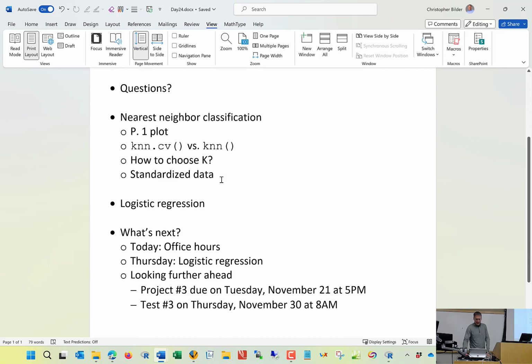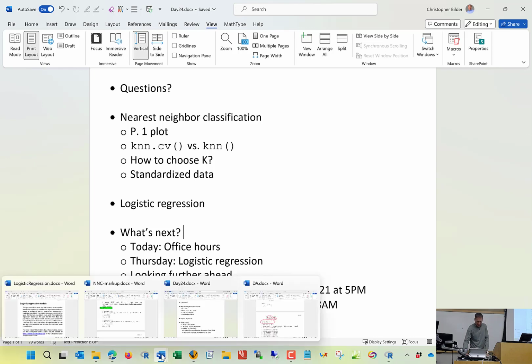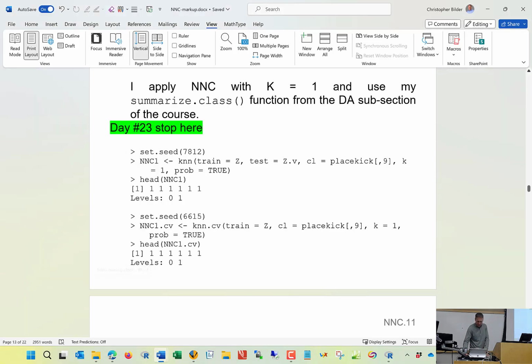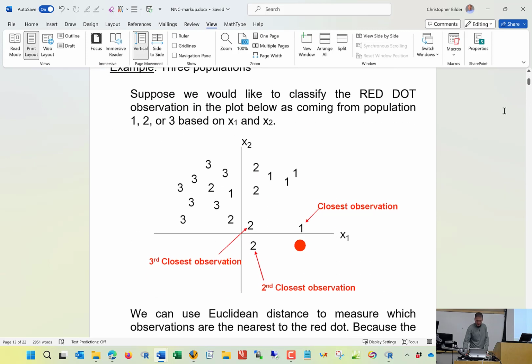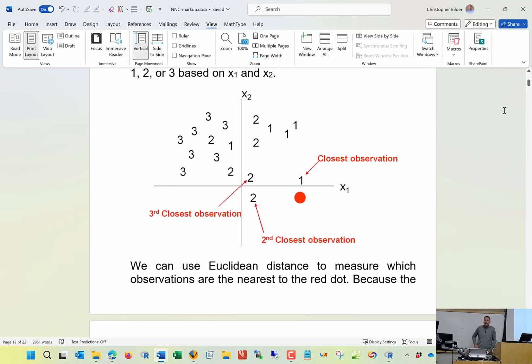Okay. So let's just briefly review nearest neighbor classification. And I think this plot that was on page 1 of my notes really helps illustrate what's going on. Just to review, let's say we have two variables, x1 and x2, and we're interested in predicting which group, 1, 2, or 3, this red dot should belong to.